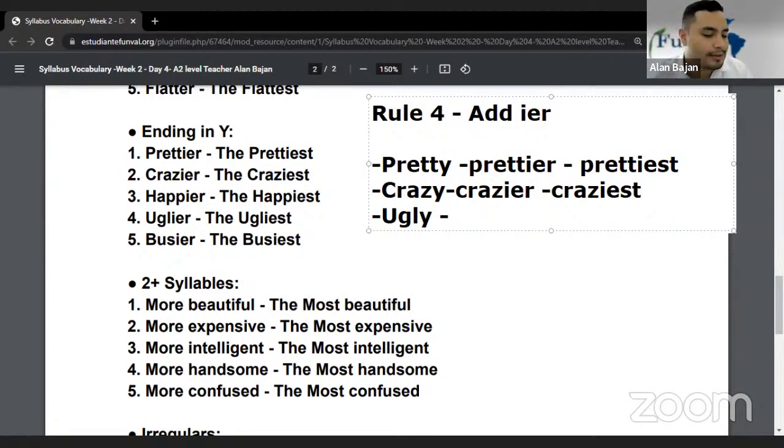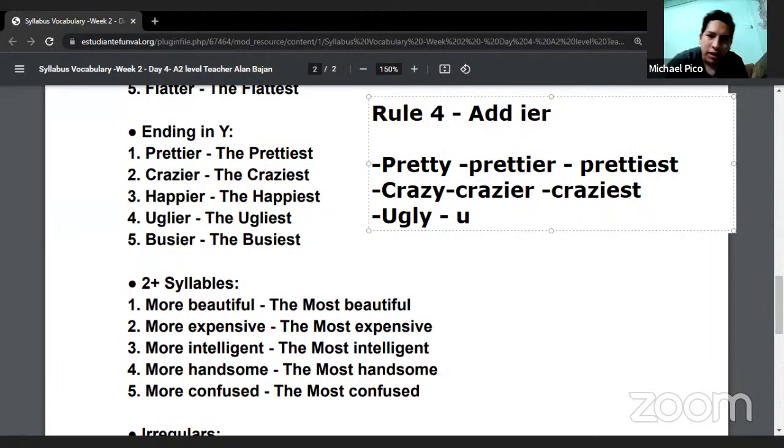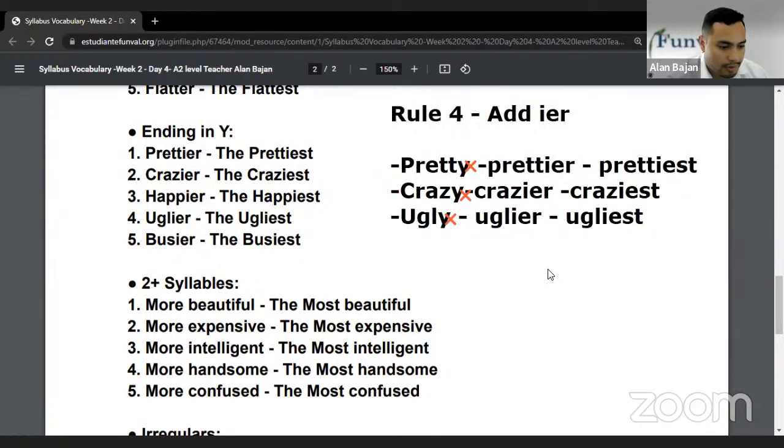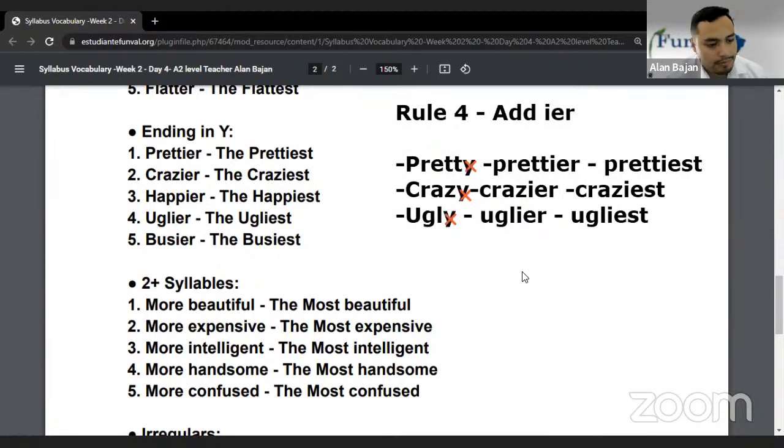Very good. What is the answer, Michael? Uglier, ugliest. Very good. That's rule number 4. Is that clear?